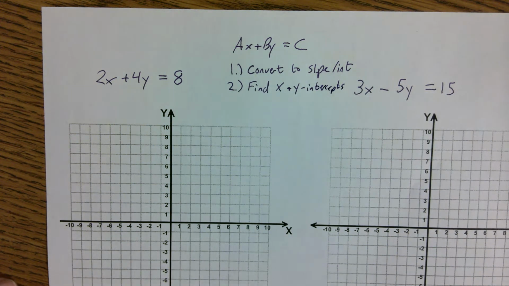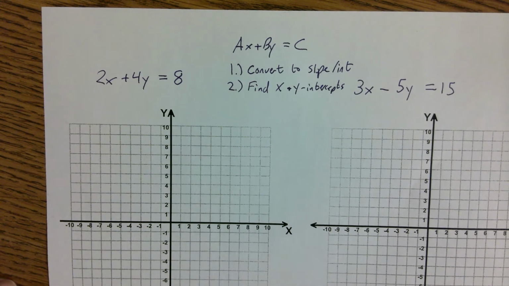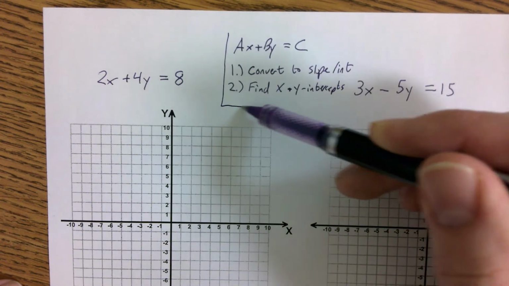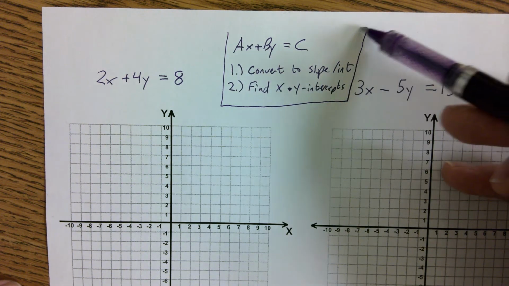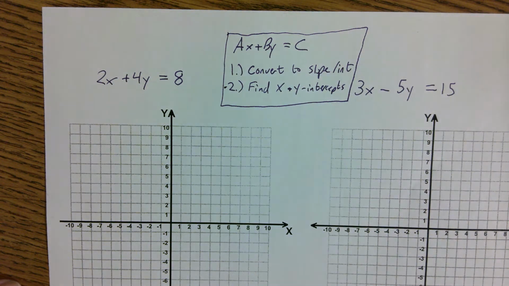The x-intercept is where the line goes through the x-axis, and the y-intercept is where the line goes through the y-axis. And standard form is really good for finding both of these, the x and the y-intercept. So that's how we're going to start this off, using this second point, finding the x and y intercepts. And then for the last one, because that one isn't going to work as nicely, we'll see how we can convert it to slope-intercept form.